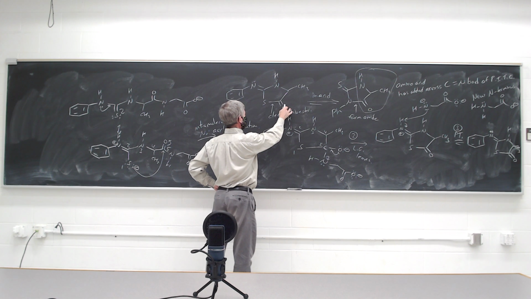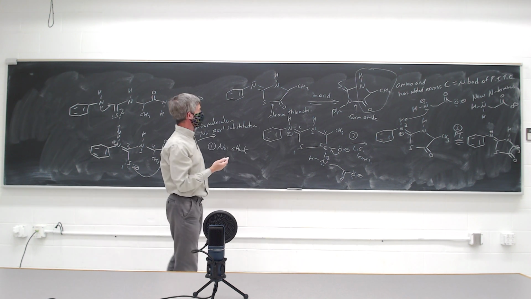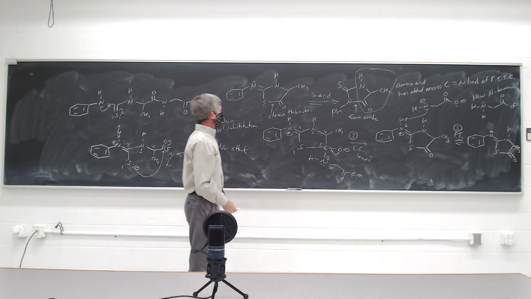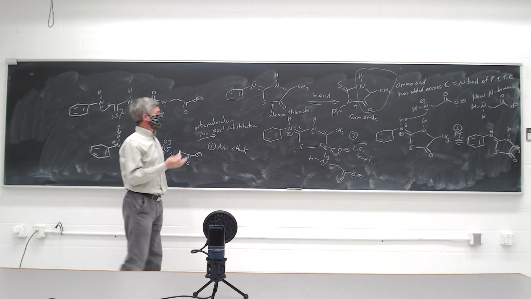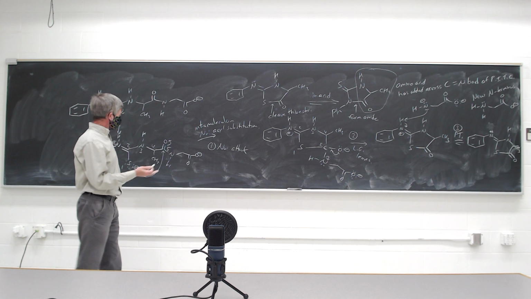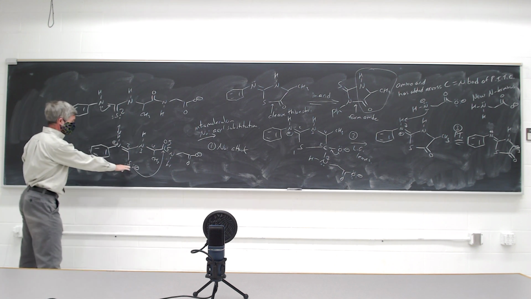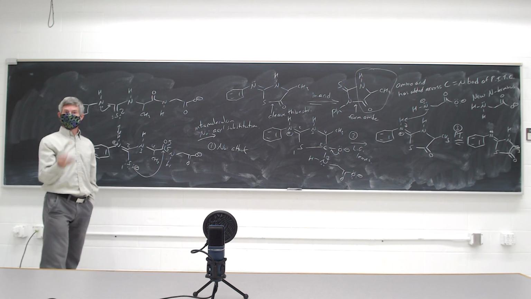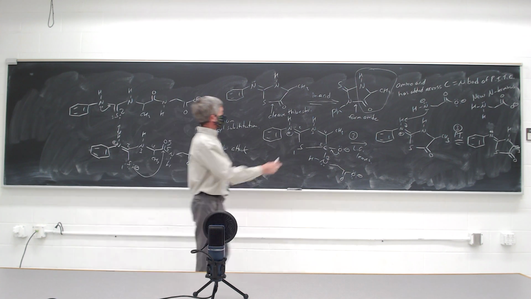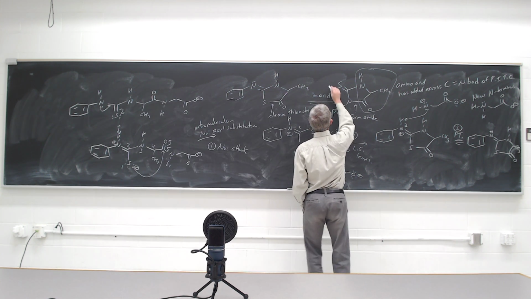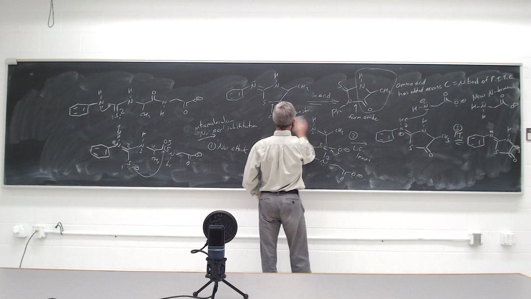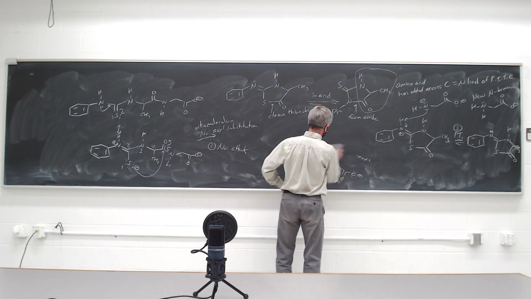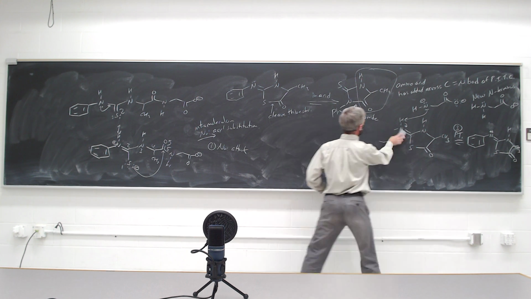It starts with protonating this oxygen and then attacking the carbonyl with water and continues, and then the nitrogen acts as a nucleophile. Sulfur is the better nucleophile, which is why this intramolecular reaction goes with the sulfur acting as the nucleophile to cleave the peptide bond. But this is a more stable compound. This compound is called a phenylthiohydantoin, and you can buy the phenylthiohydantoins of every amino acid.